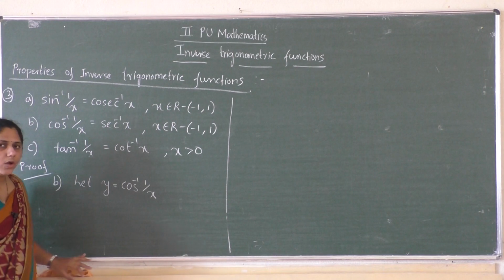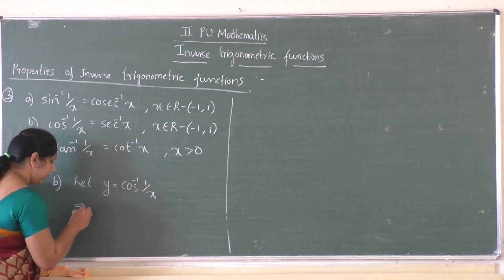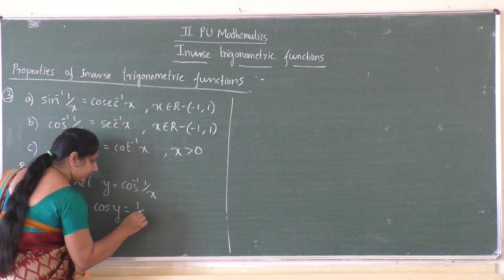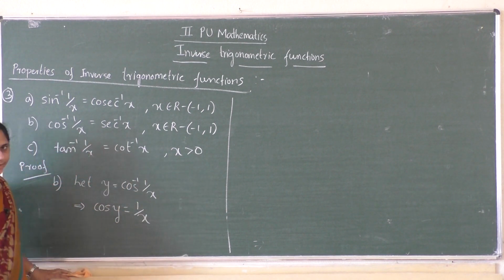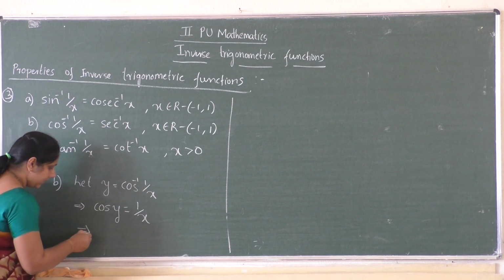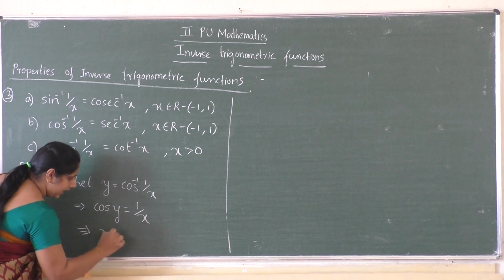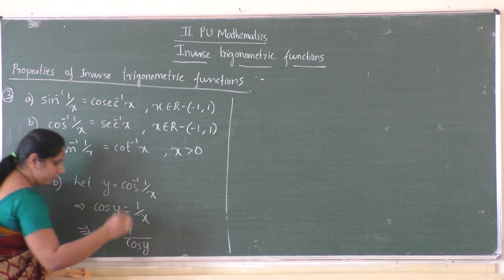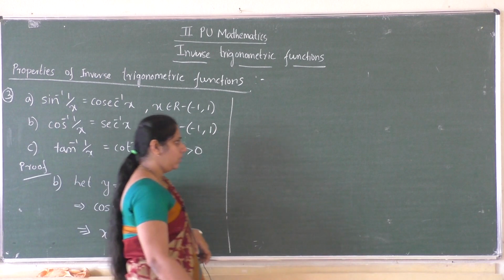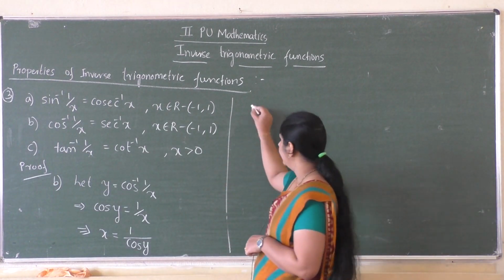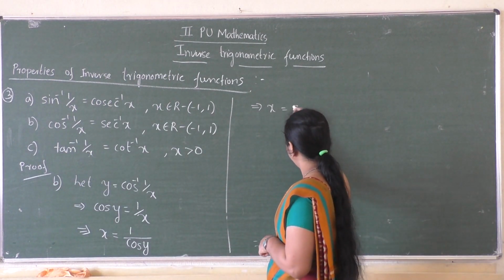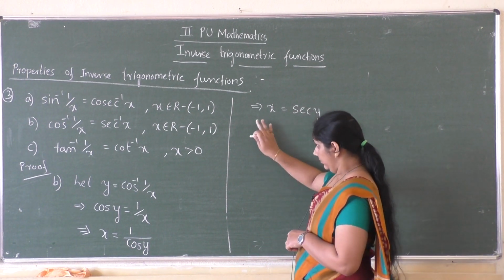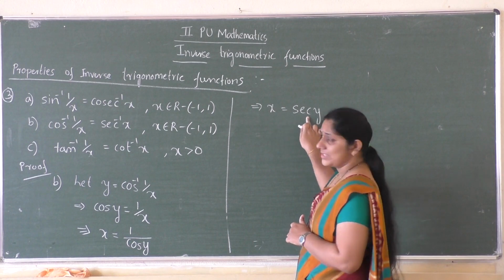If y equal to cos inverse 1 by x implies, we can write like this, that is cos y equal to 1 by x. Now just rearranging, we get x equal to 1 by cos y. What is the value 1 by cos y? That is sec y. So x equal to sec y.